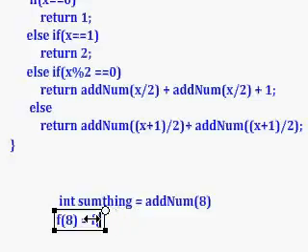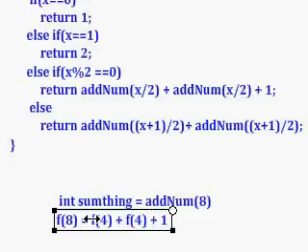And we'll just simplify that to 4. Plus, again, f of 4 plus 1. And this is what it will return, but it needs to define what is f of 4.